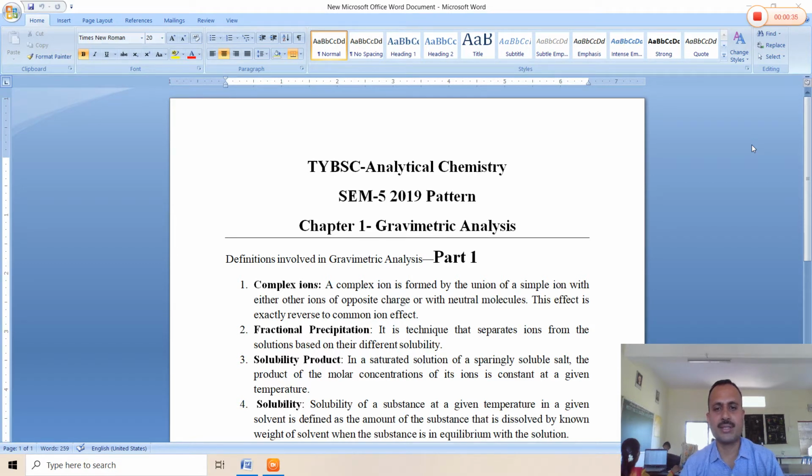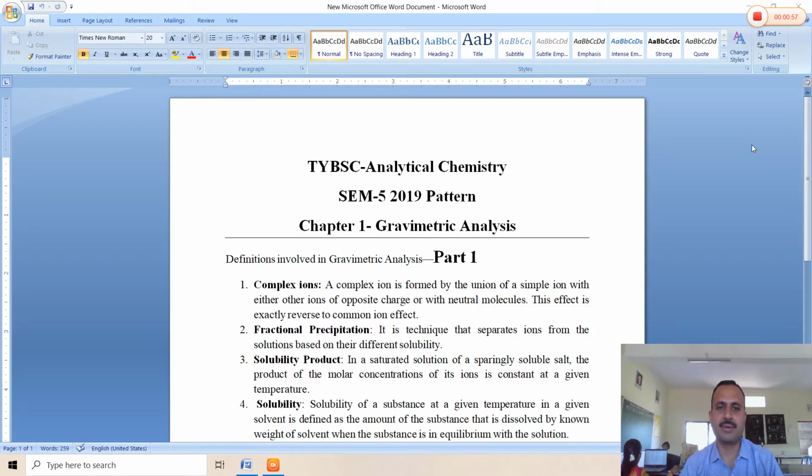Now here, a complex ion is formed by the union of a simple ion with either other ions of opposite charge or with neutral molecules.